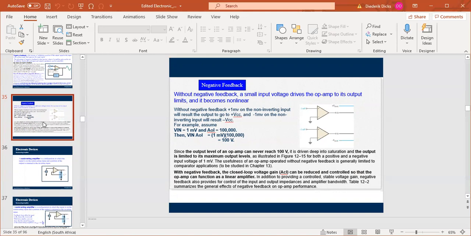Why a non-inverting amplifier? If we investigate, you will see that the input here is coupled to the positive side. In this case as well, it is coupled to the positive side. With a non-inverting amplifier, the input and the output would be in phase with each other.